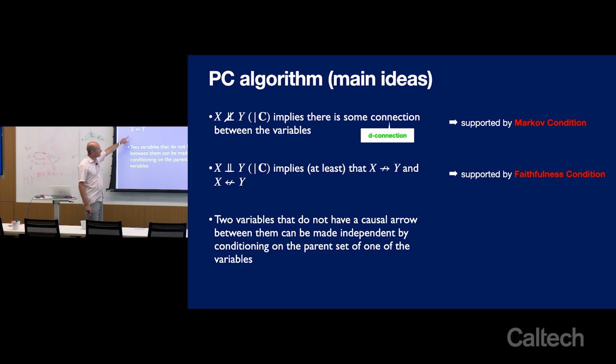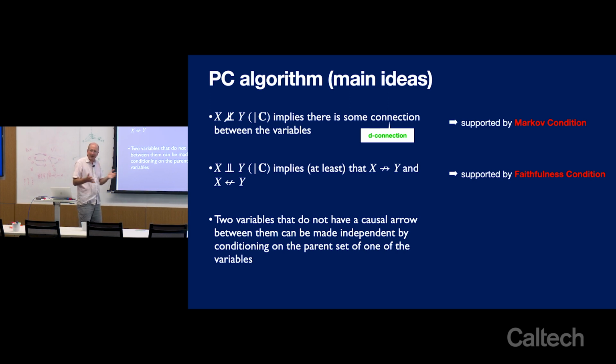Okay, the second one is supported by the faithfulness condition. The faithfulness condition says that, well, look, if I see an independence in the graph, then that means somehow I can d-separate, I can disconnect the variables in my graph. They are not directly influencing each other, okay?